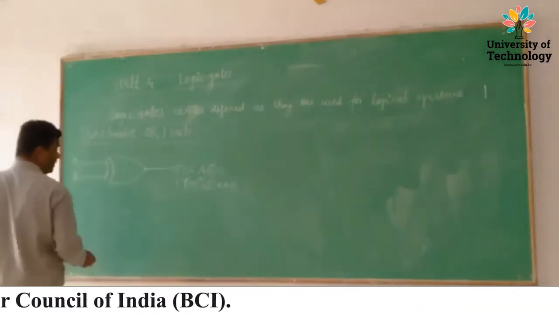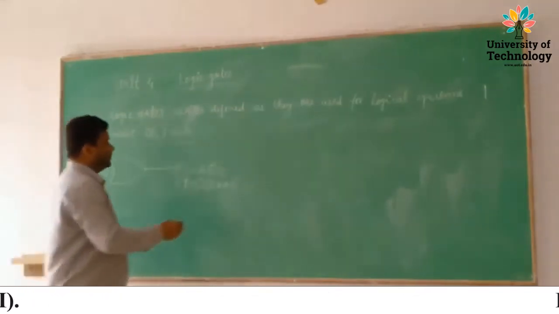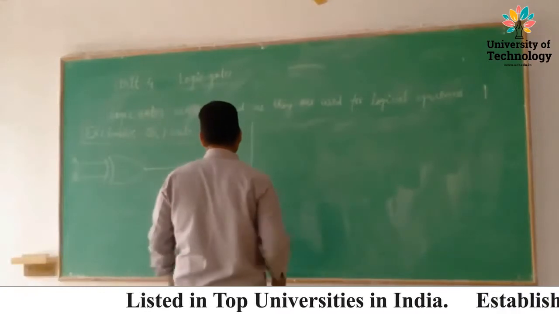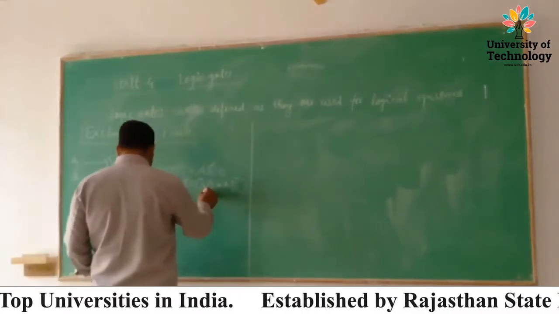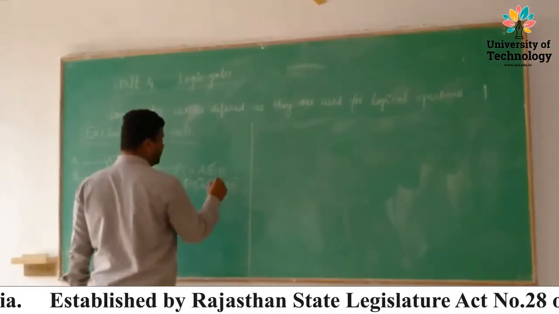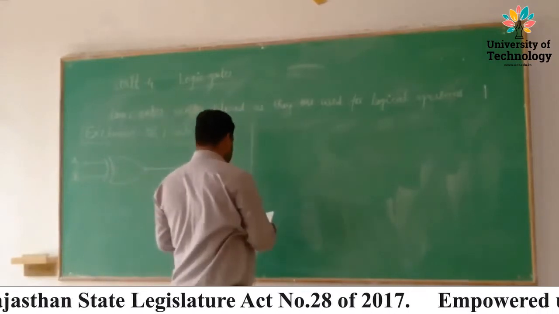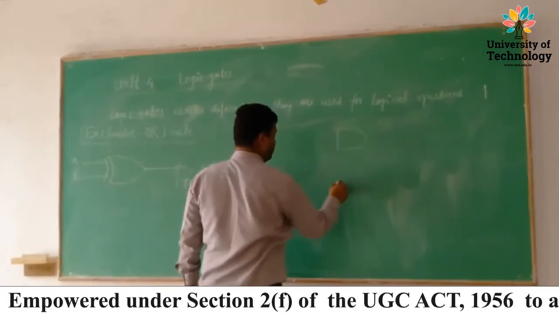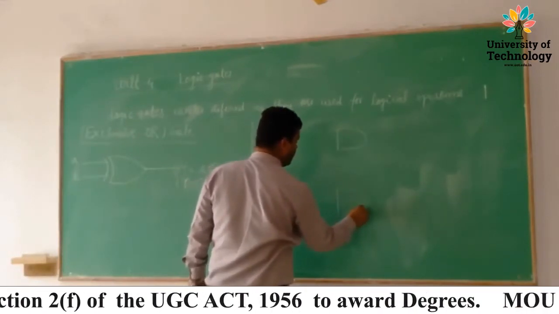Now in the next case we can make a circuit diagram to obtain A bar B plus A B bar. Here we first use two AND gates.